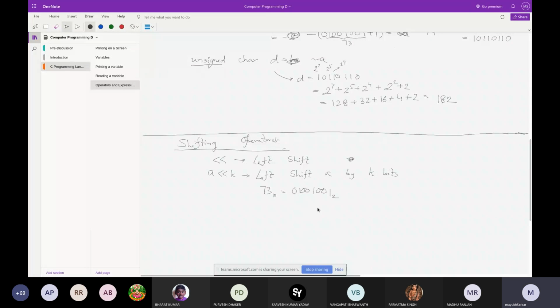Now, if you do the left shift of 73 by a single bit, all the bits will be shifted left by 1 bit. So this 1 will come here, this 0 will come here, this 0 will come here.